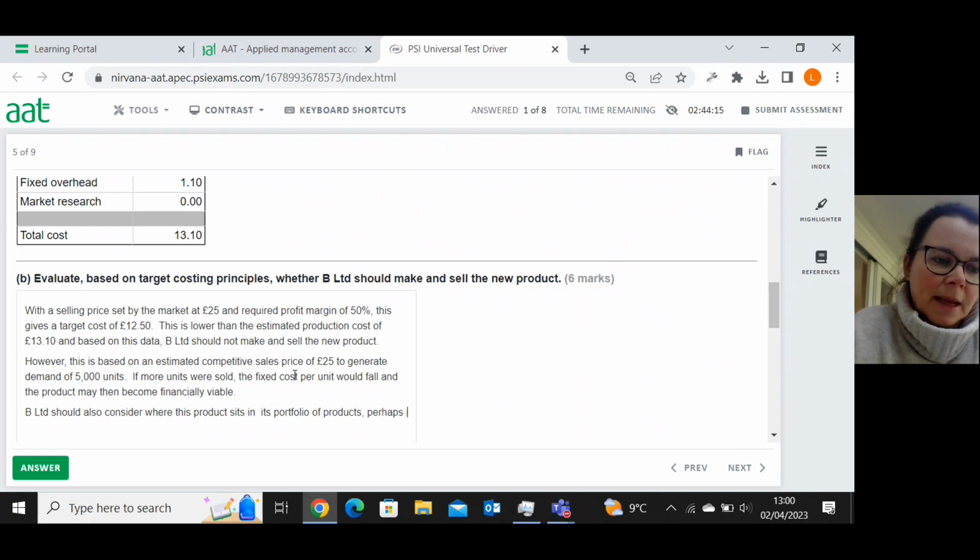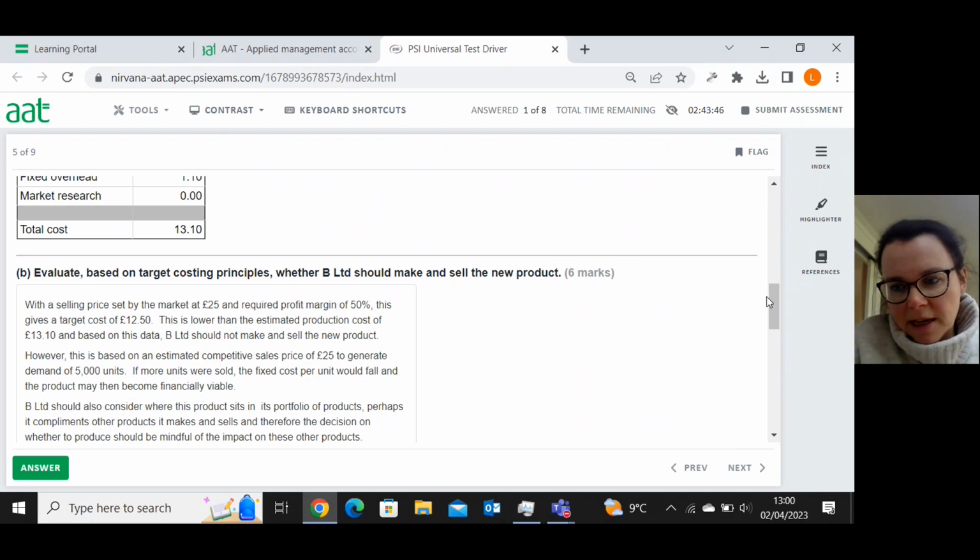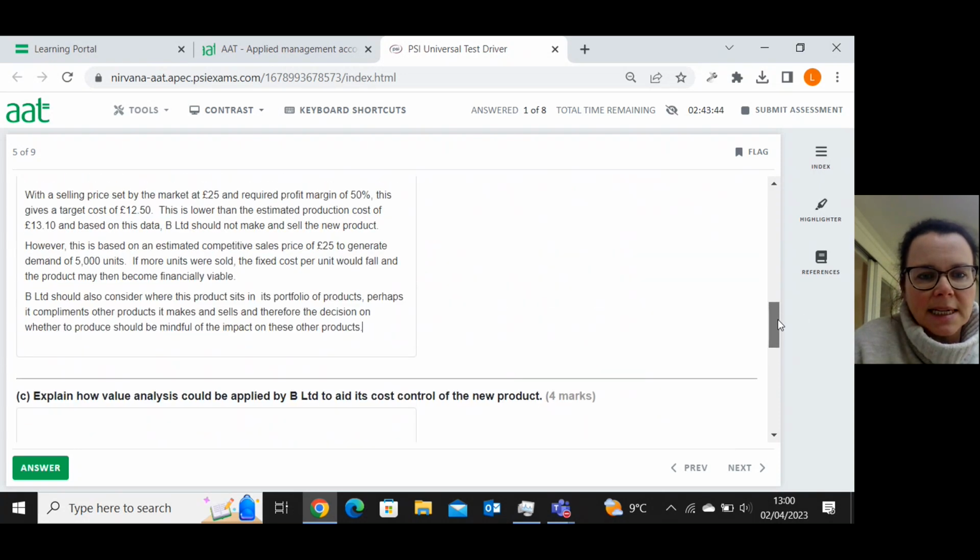Perhaps it complements other products it makes and sells, and therefore the decision on whether to produce should be mindful of the impact on these other products. All right, so I would probably write something along those lines to get my 6 marks.